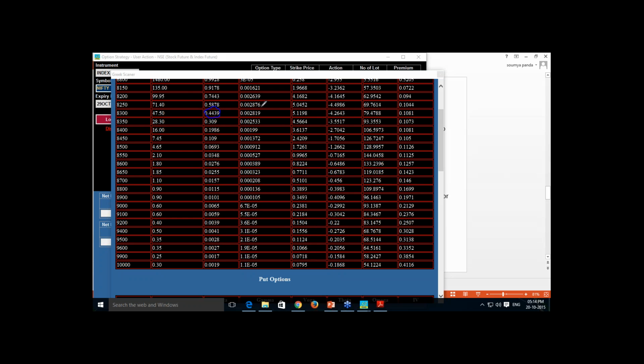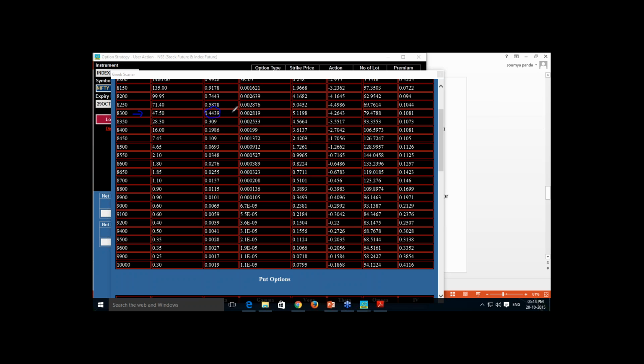In the same way, for each 1% fall in the Nifty, the 8,300 call option will fall by 44%. If you are getting this, you might say, I do not want to take this risk, 44% is quite high.